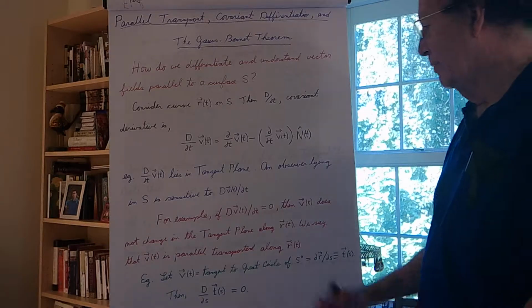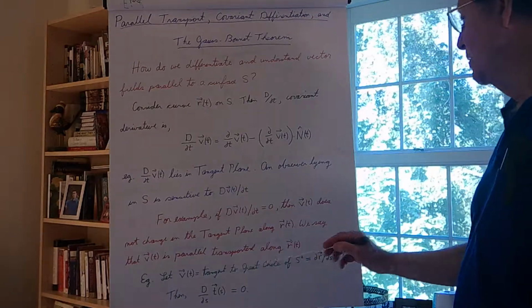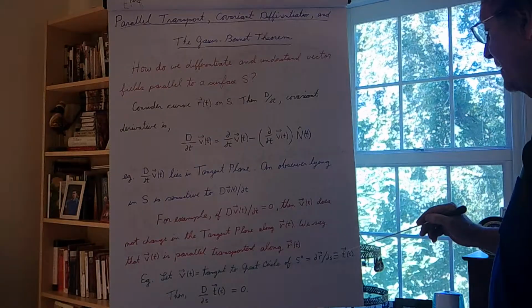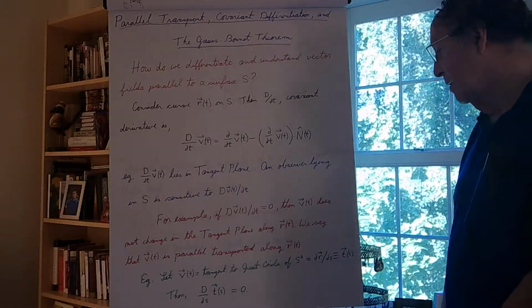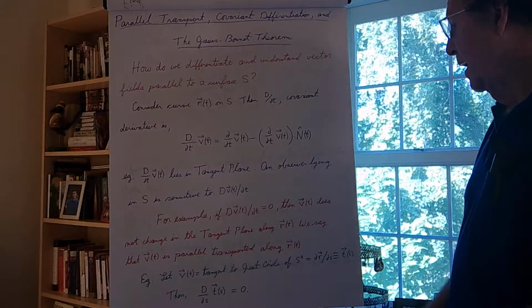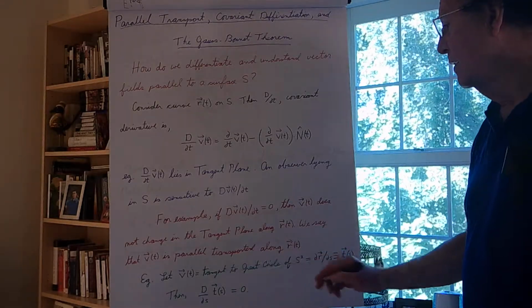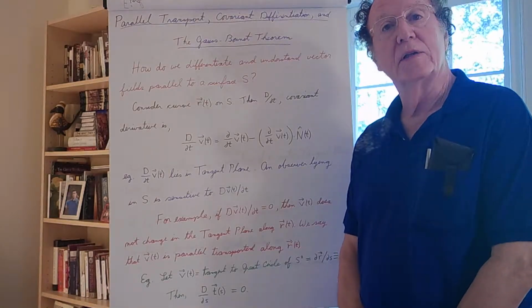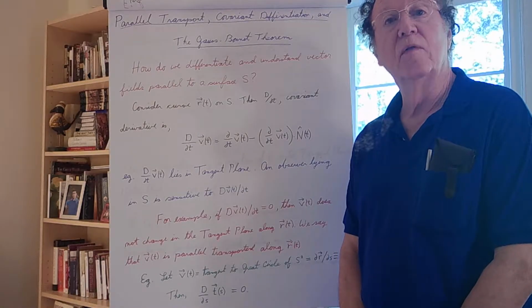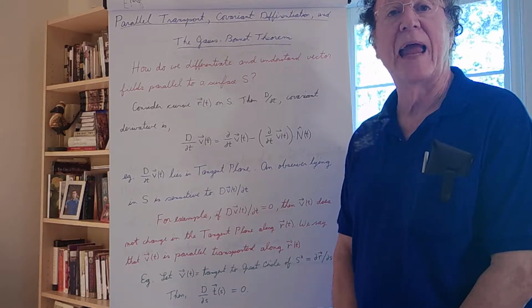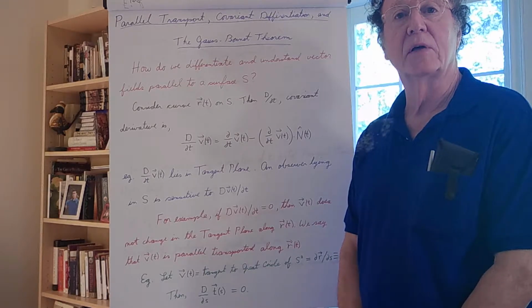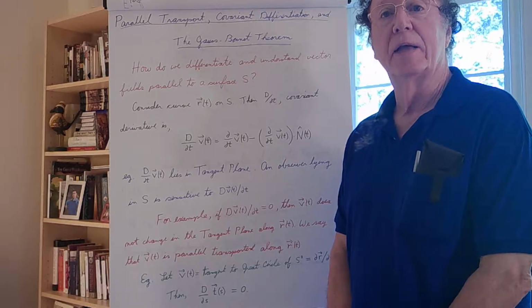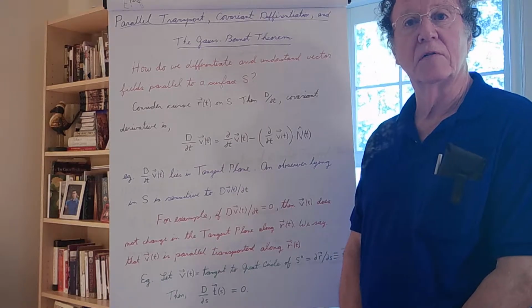We've seen other examples. For example, we let V be the tangent to a great circle on the sphere, just dr/ds, where s is arc length of the great circle, and then the covariant derivative of that is equal to 0. We showed that on the sphere: as you move along a great circle, the tangent to the great circle only changes in the normal direction, and so its covariant derivative is equal to 0.